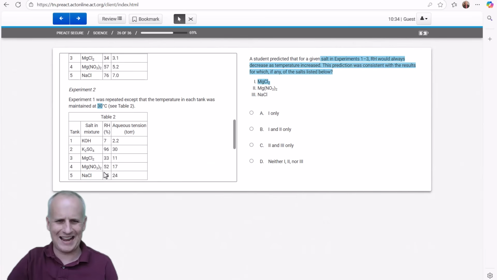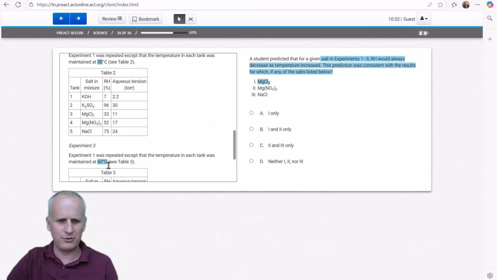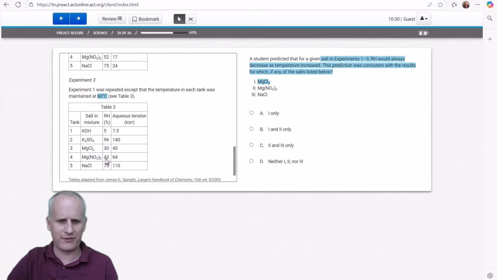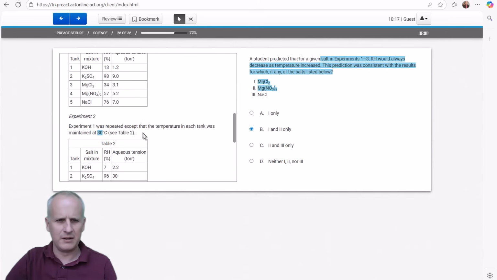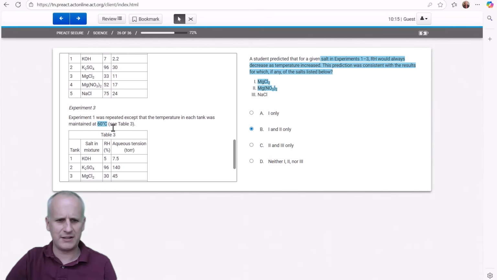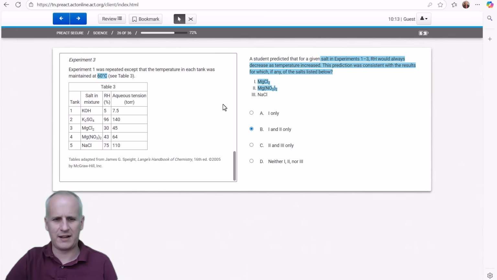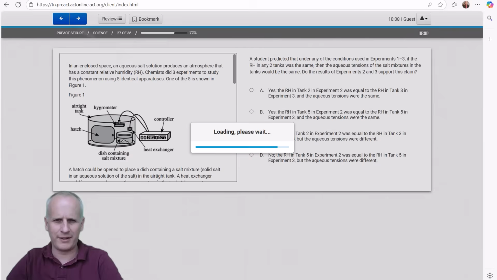Then it goes down to 52, and then even further to 43. So number 2 certainly works as well. If we're being efficient, we'd probably just pick choice B at this point, but just to prove it, NaCl doesn't: it goes 76, then 75, and then stays at 75. So that's pretty constant. Our correct answer is going to be B. We move on to the next question.